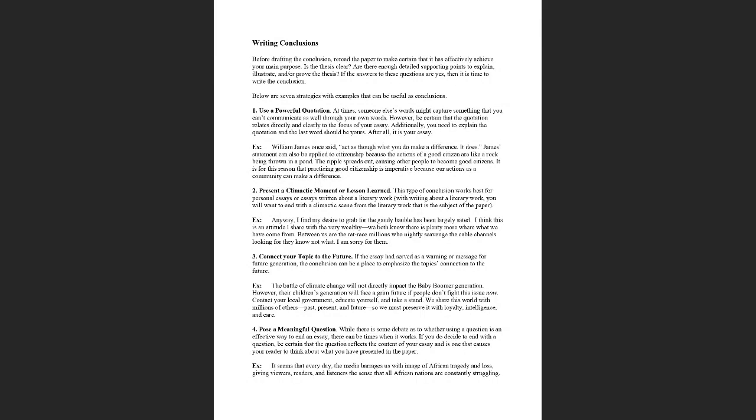And also, if you're going to end with a quotation, the last sentence and the last words of your paper should be yours and not the quotation. So you can give the quotation, but then explain the quotation and let yourself have the final words. So you'll see that in the example that I give here, where I begin with a quotation from William James. I give his quotation, but then the last part of the paper is my words, my thoughts.